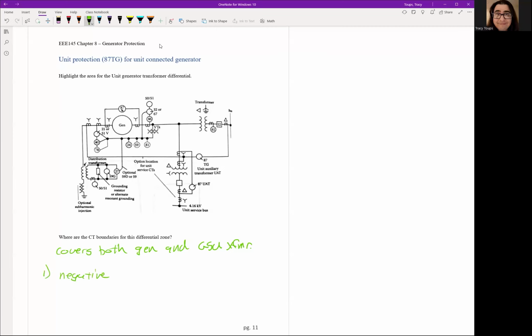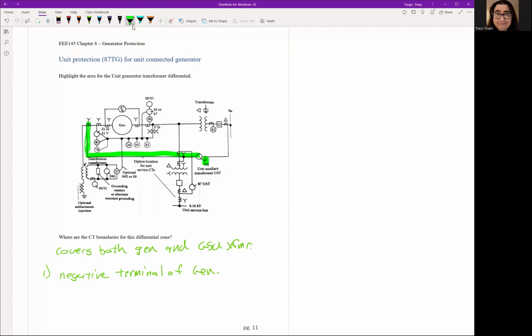So that's one boundary. So here we can see, here's an 87TG. We can see we're connected all the way to right here.